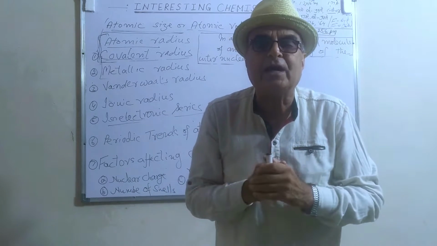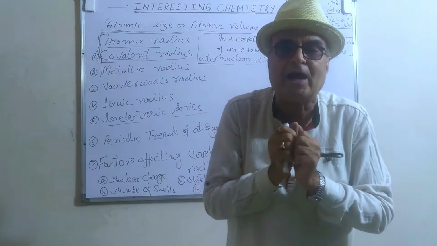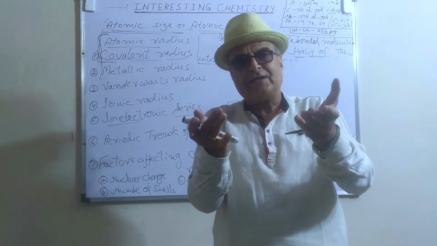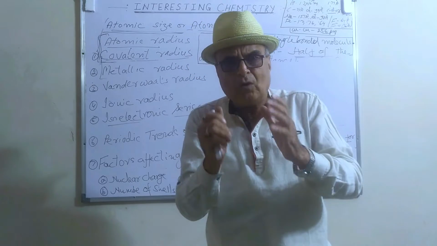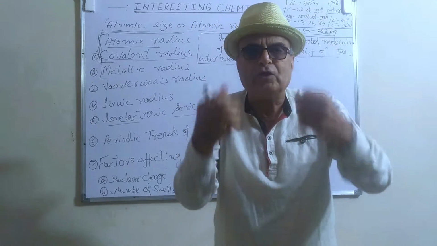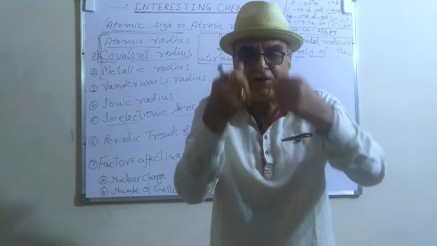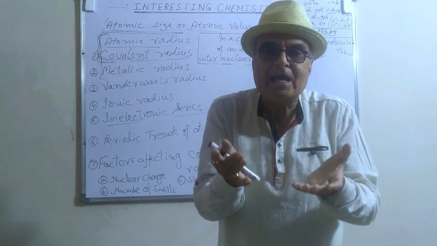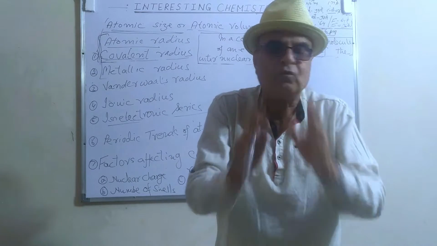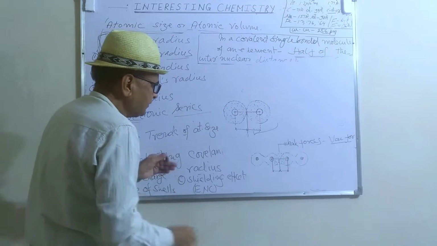So now I have taken the example of iodine. You will find iodine is in a solid state because all the iodine molecules are attracted to each other with the help of the van der Waals forces. I have shown you in the figure.